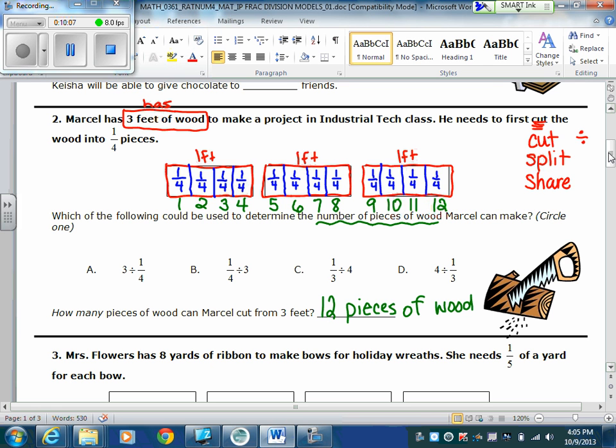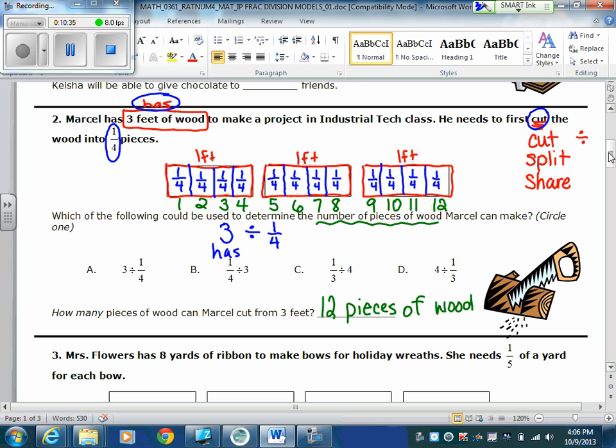Well, right here, he has 3 feet. He cut, there's our key word, cut, which means he's dividing it up because it's in even pieces. And he cut it up into 1/4 of a foot pieces.